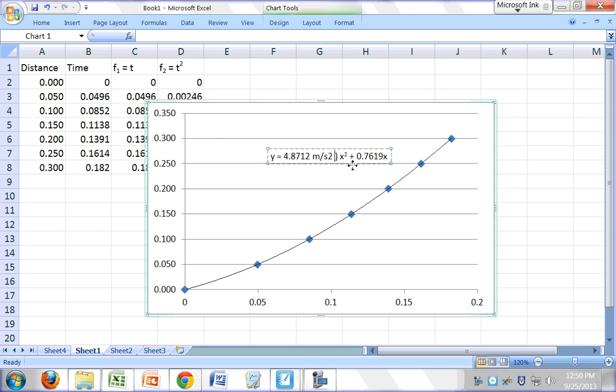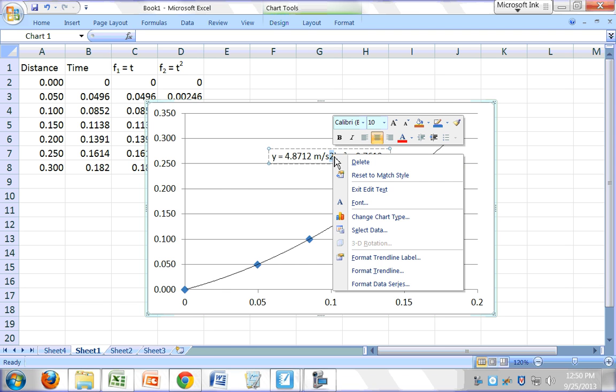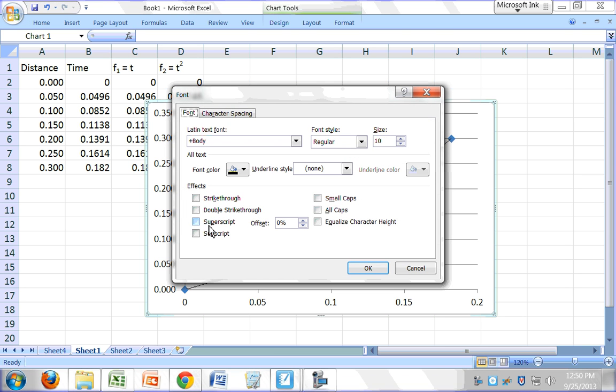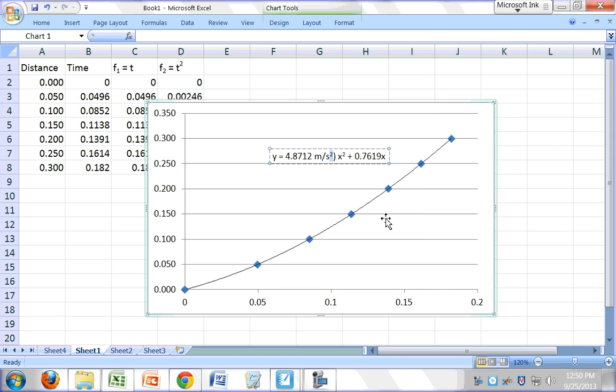If I want to do a superscript for that too, I just highlight it, and then right click, font, superscript. For cells, you go to format cell, but if you're in here, just font.